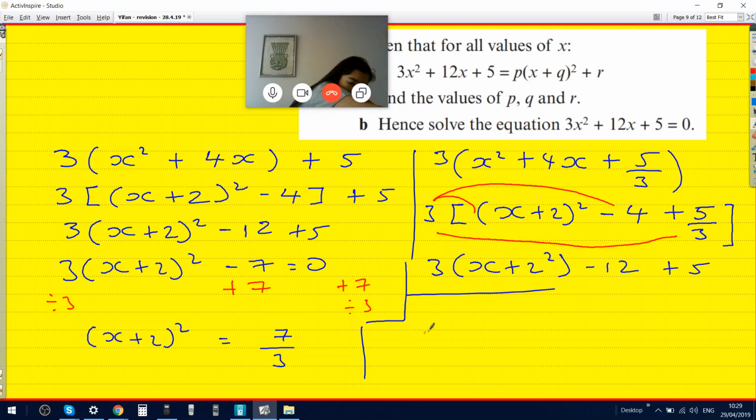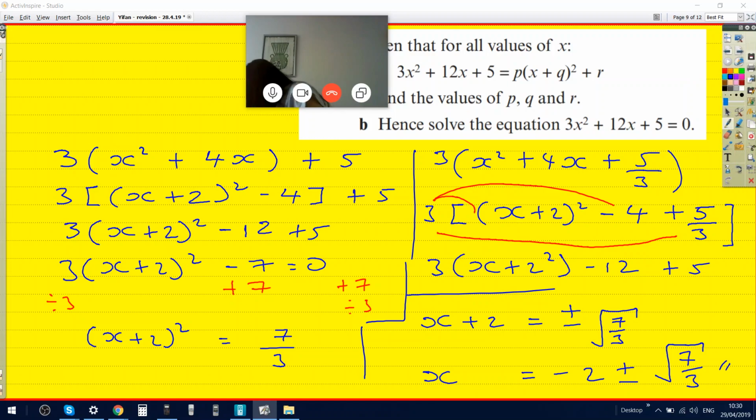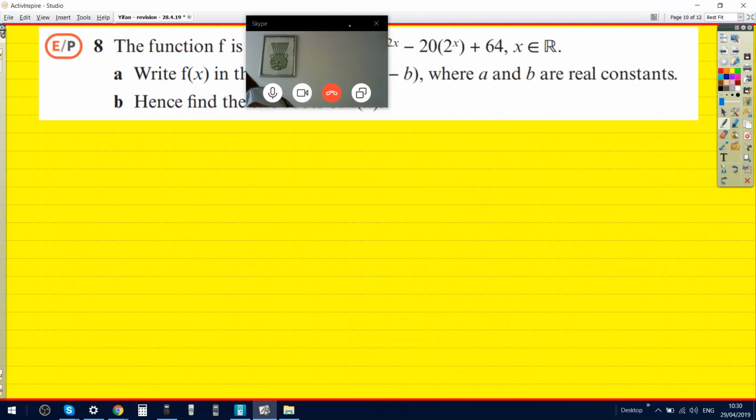Root 7 over 3. Something's missing. Plus minus. Yeah. And so x equals minus 2 plus minus root 7 over 3. Yeah. Well done. And perhaps the calculator would have given you that as well. Yep. Okay. I think you're good for that.